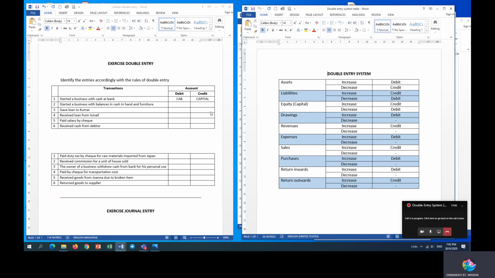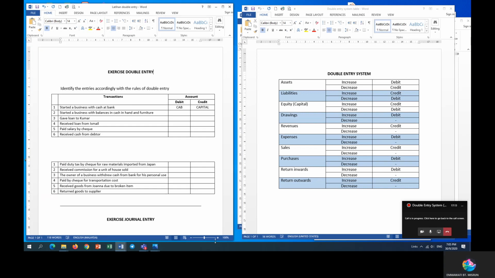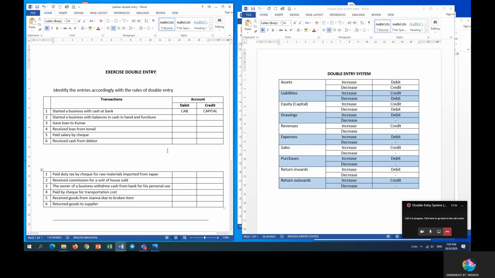Okay, so let's look at how we should do the double entry. We are going to use this simple exercise. We are going to cover all those 3 steps that we need to practice in order for us to apply the double entry system in our accounting entries.